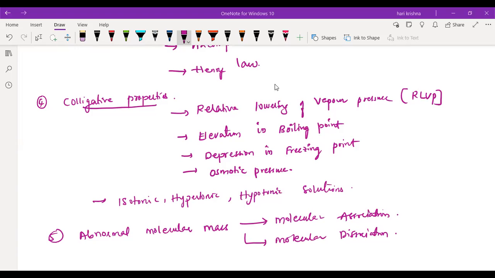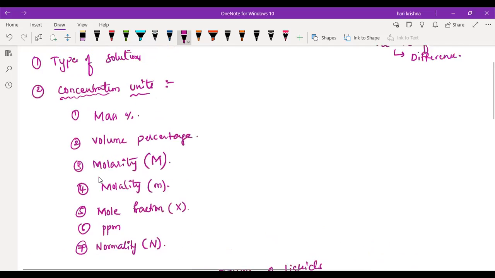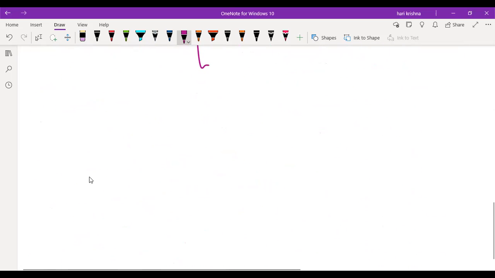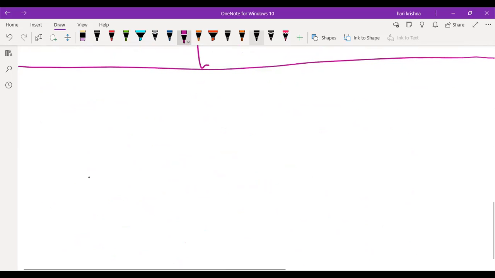Okay, so we'll start with the starting topic, that is the types of solutions. First, what is the meaning of solution?